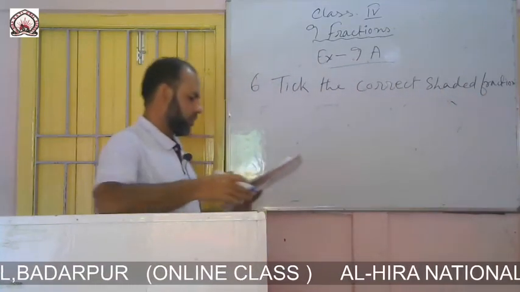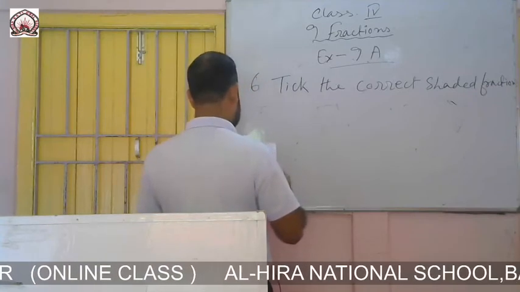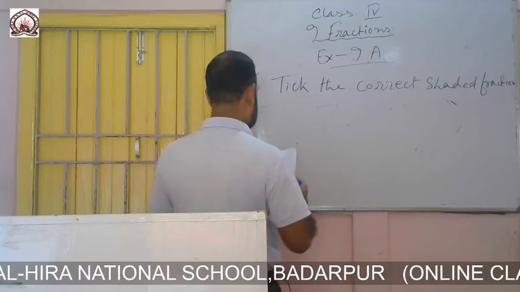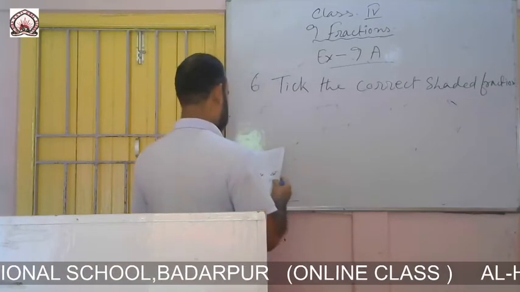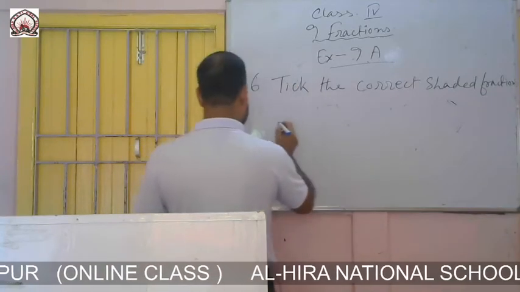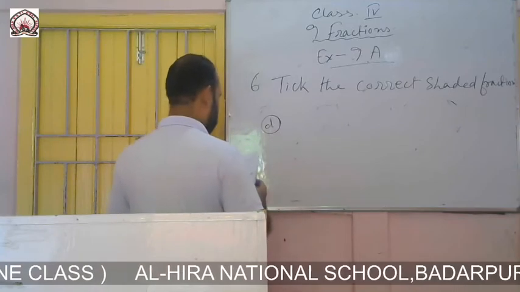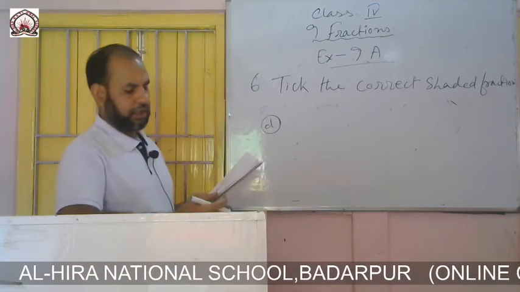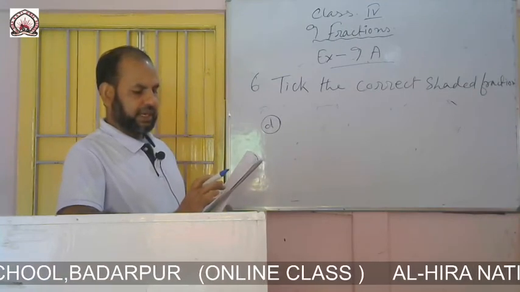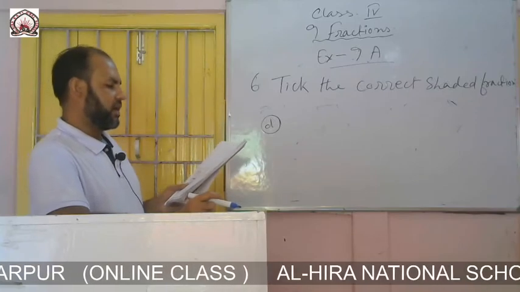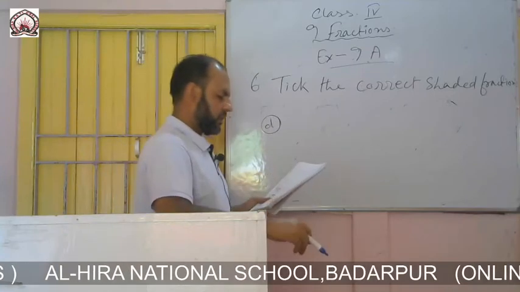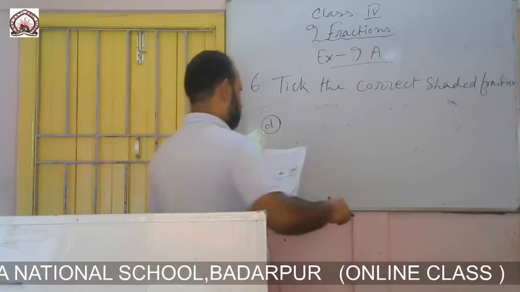Next, question number D. Draw in your copy: 1, 2, 3, 4, 5, 6, 7, 8 small triangles are there. Out of 8, 5 triangles are shaded or colored.